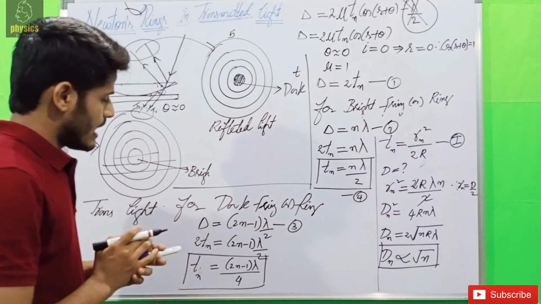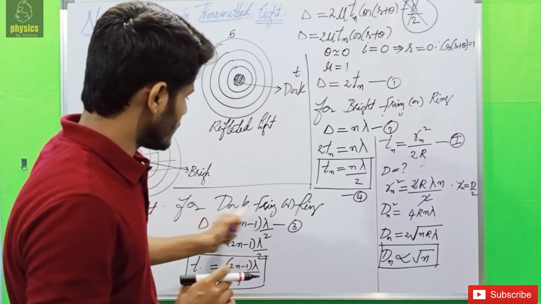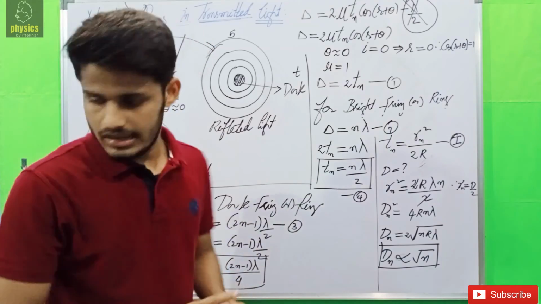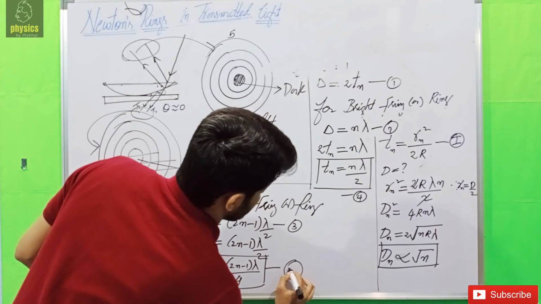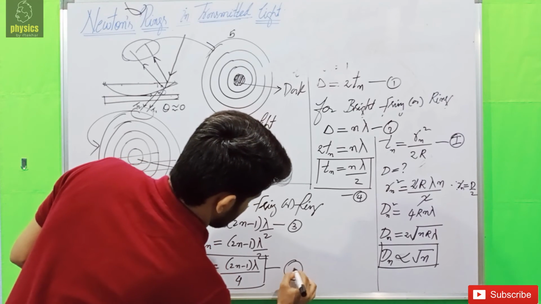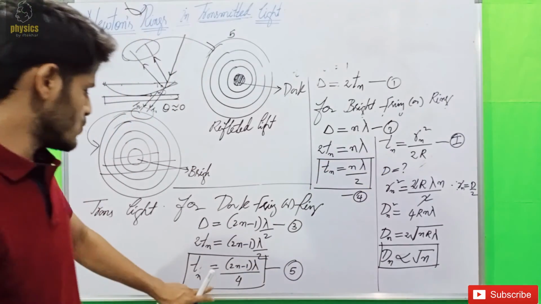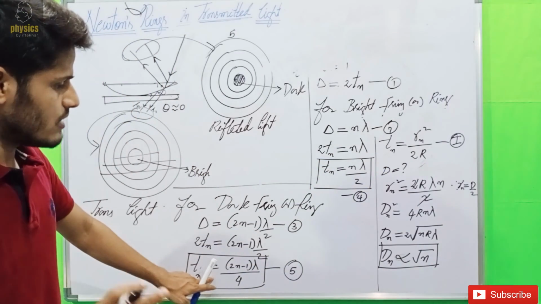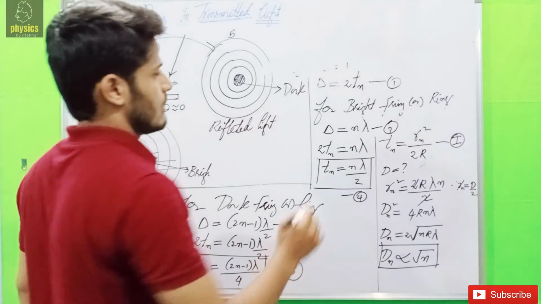Now, similarly, we have to find out the relation of dark ring diameter with n. So here, let this be my equation 5. Now we have to substitute the Roman number 1 in equation 5 to find out the diameter relation of dark ring with n.